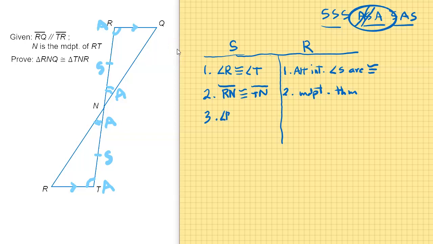Angle RNQ is congruent to angle TNR, and those are congruent because vertical angles are congruent.